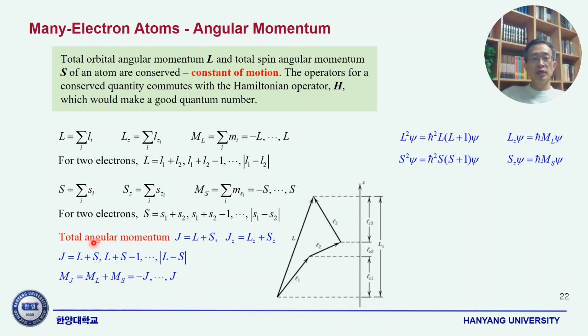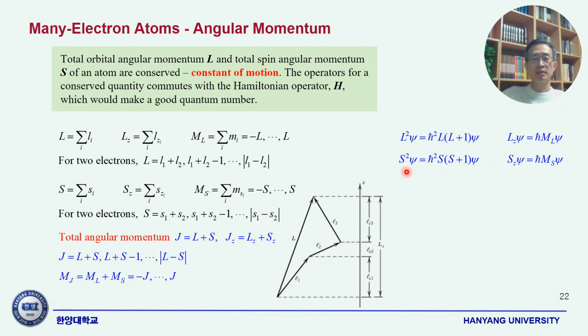You can also combine these angular momenta into the general angular momentum, J equals L plus S. J runs from L plus S down to the absolute value of L minus S, in steps of 1. And MJ runs from minus J to J in integer steps.